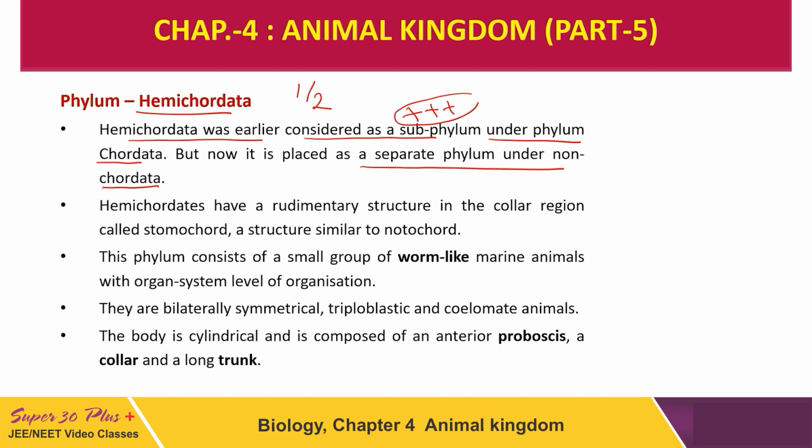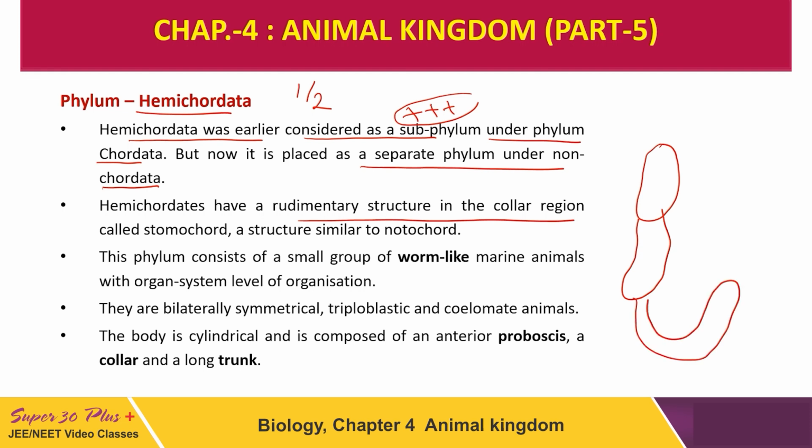Question may come. Hemichordata have a rudimentary structure in the collar region. You know that they have 3 regions: one is proboscis, one is collar, and this is the third region. Worm-like these are. In the collar region, they have a rudimentary structure similar to notochord, and this structure, children, is known as stomochord.